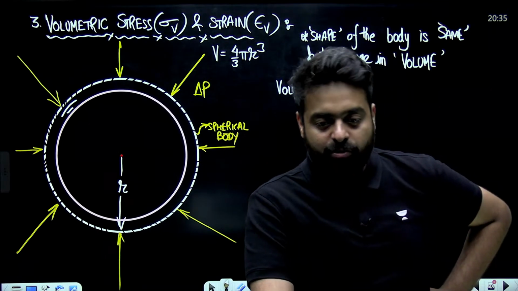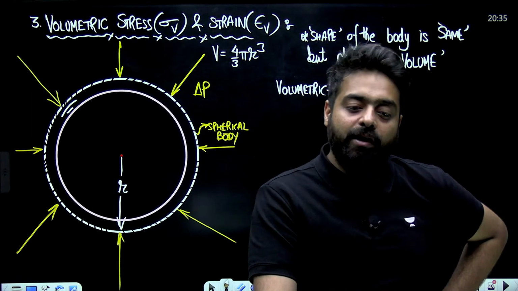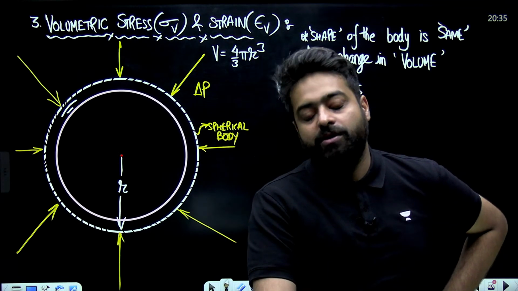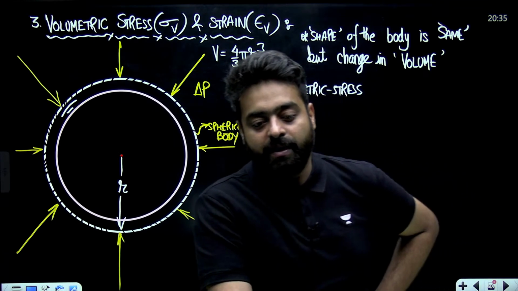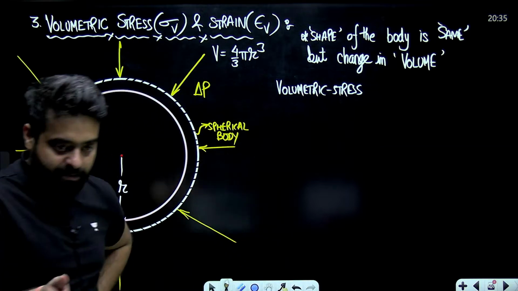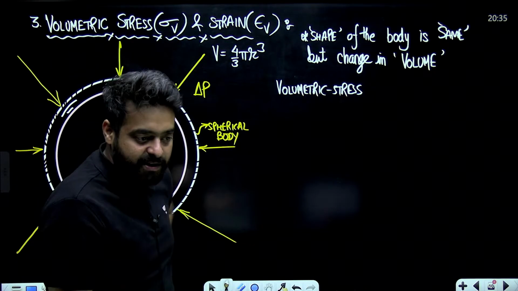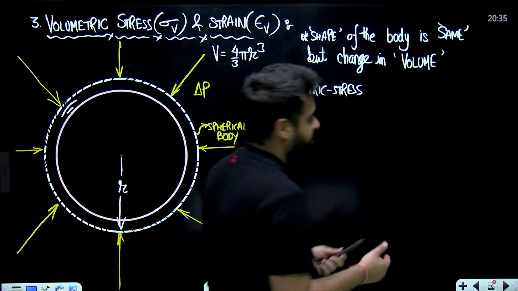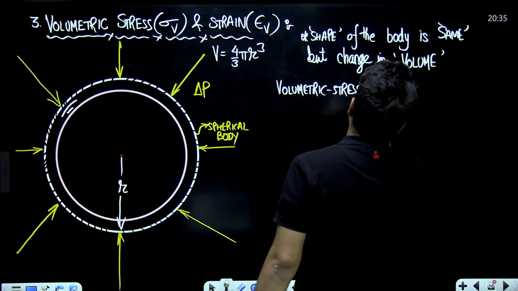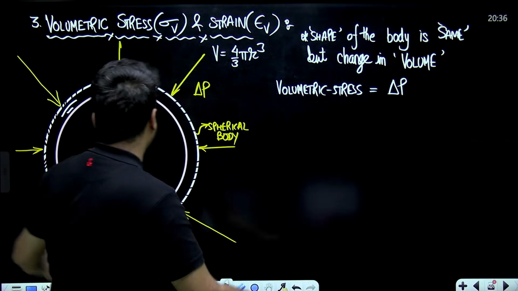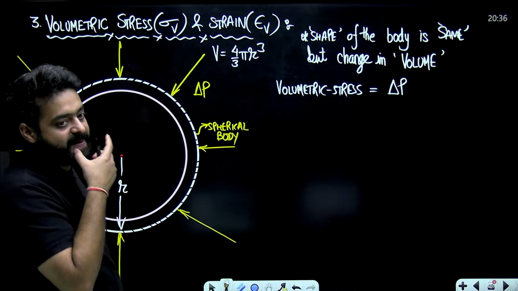You apply a force on the body, it will undergo a change in the shape. Sorry, a change in the volume is there. So that change is basically the volumetric stress, nothing else. So volumetric stress is basically delta P directly, but it is compressive in nature.